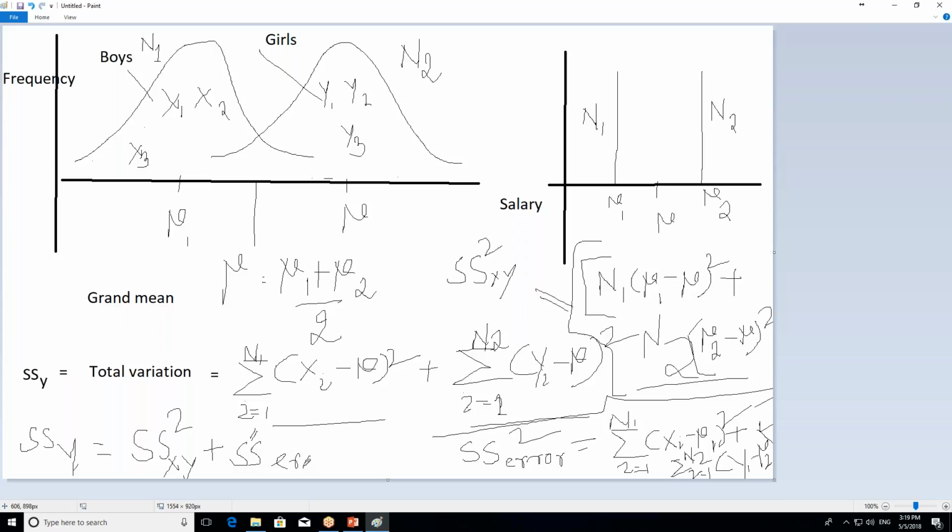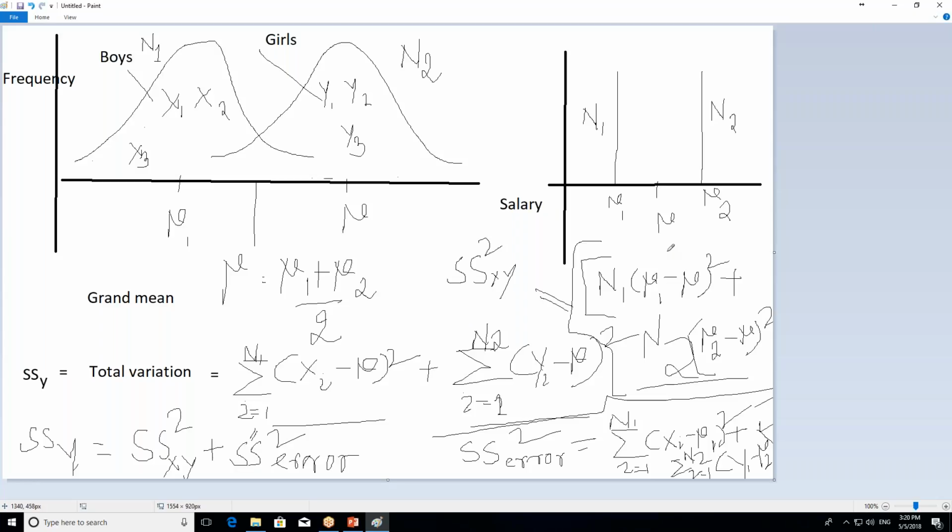Is it true or not? The total variance in the data set is nothing but the sum of square between the group plus the sum of square within the group. Is there any confusion? No? Good. Now which component represents the strength of difference between the two groups?